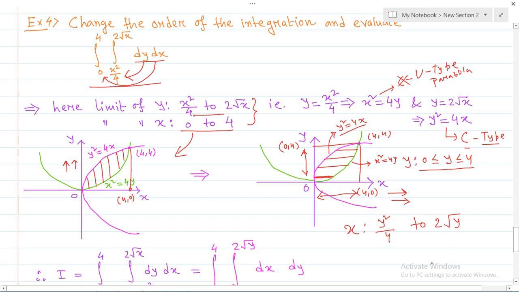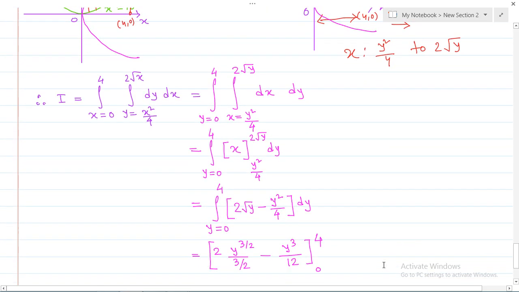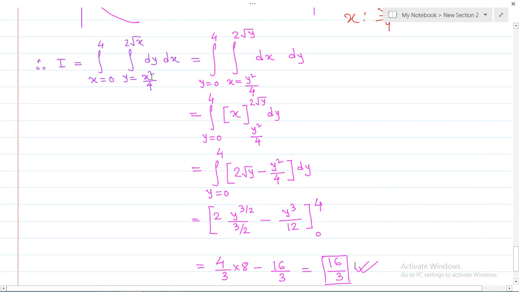Okay, now let us come to the calculation. So initially we have the integration from 0 to 4, x equals y square by 4 to 2 root over of y. Now the limit of y is going to be constant, so it is going outside, and the limit of x is going to be variable, so it is coming inside. x equal to y square by 4 to 2 root over of y.